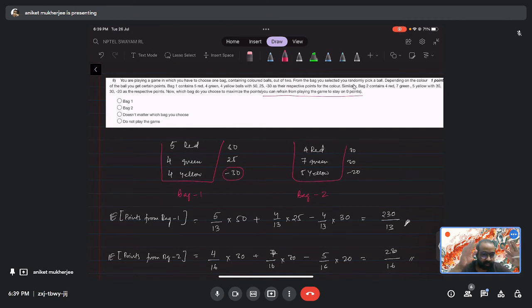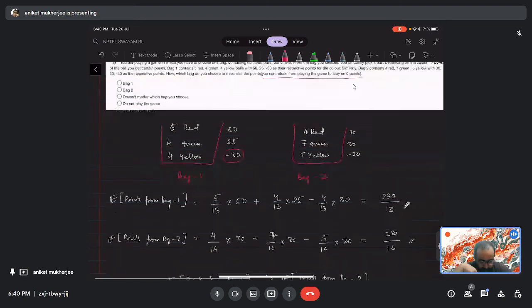But that is not the question. Now the question is which bag you choose, and you also have an option of refraining from choosing a bag. The case where you refrain from choosing a bag is when the expected points from both the bags are negative. If both the expectations are the same but positive, then it doesn't matter which bag you choose because expected rewards are the same.